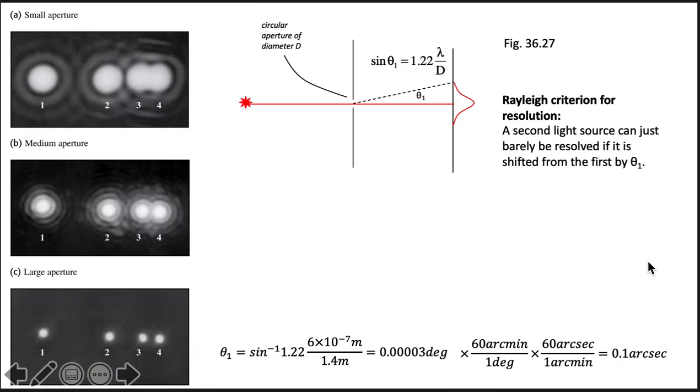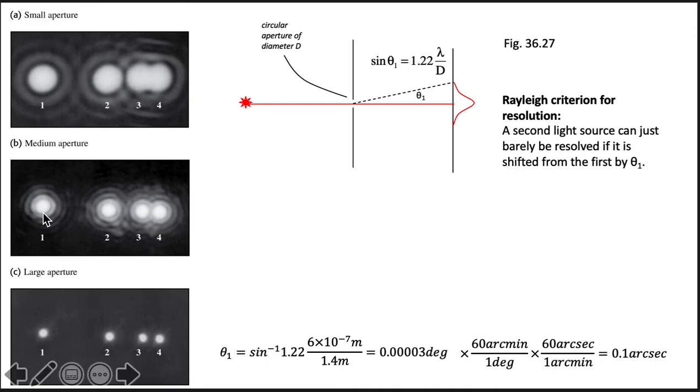This is a picture from the book, which is figure 27. It shows a bunch of light sources viewed and photographed through different size apertures. There are 3 different pictures. The bottom picture shows these 4 different light sources through a large aperture, like maybe through a large camera lens, or if it's a telescope, maybe through a large diameter telescope.